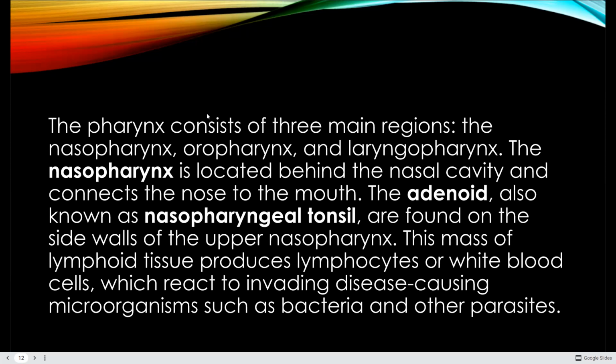Again, nasopharyngeal tonsils are found in the side walls of the upper nasopharynx. This mass of lymphoid tissue produces lymphocytes, or white blood cells, which react to invading disease-causing microorganisms such as bacteria and other parasites. So that's the purpose of your tonsils. And the disease is tonsillitis.